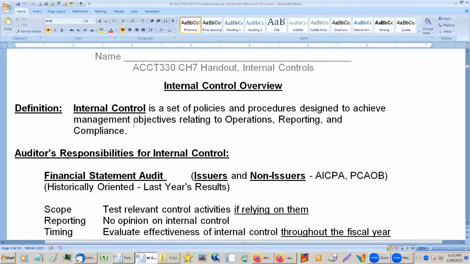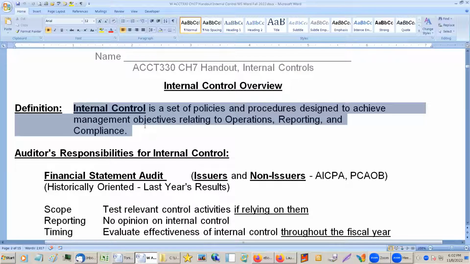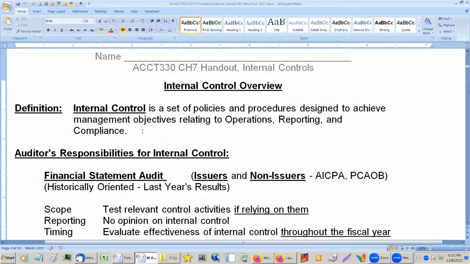Okay, so internal control: a set of policies and procedures designed to achieve management objectives relating to operations, reporting, and compliance.